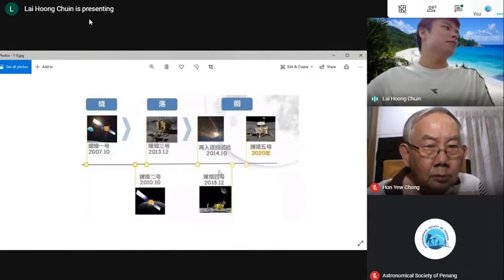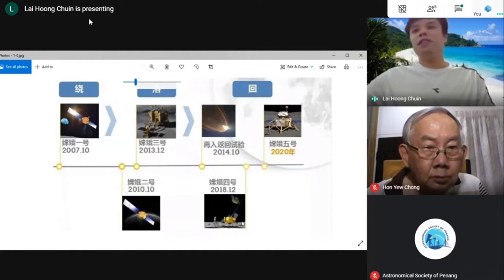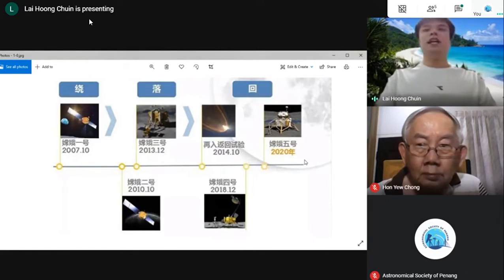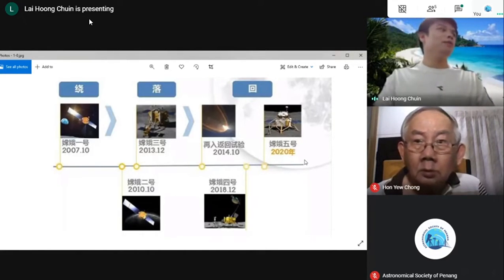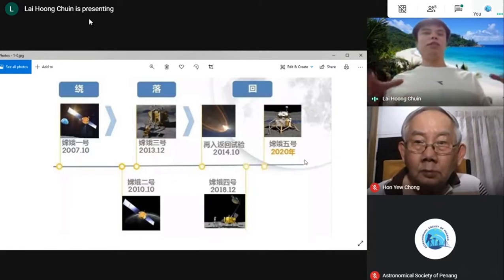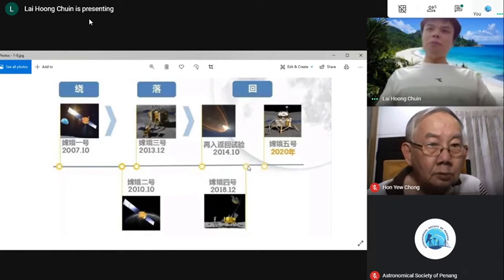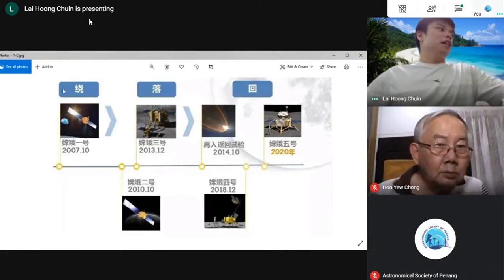Second, we have a look at the history of this Chang'e mission. The first one, of course, is in the year 2007 when we had Chang'e 1, an orbiter mission. The whole mission is quite simple. We sent a satellite, a lunar exploration orbiter, to the moon, orbiting the moon and capturing some pictures of the whole moon.